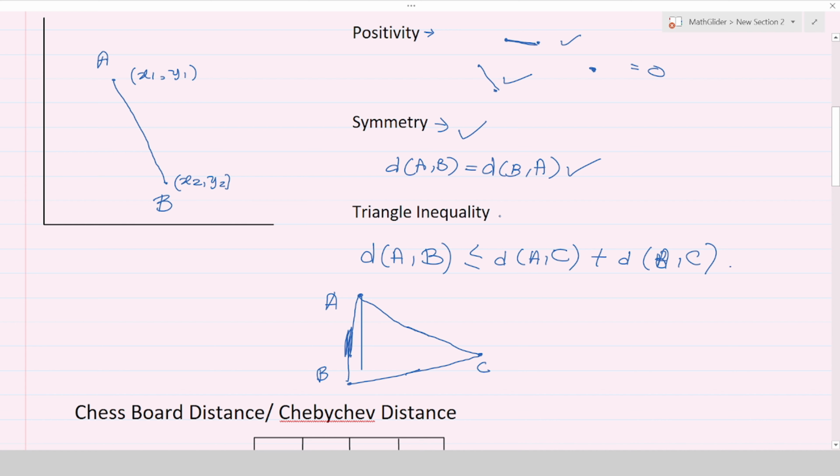So we can easily see that this Euclidean distance satisfies the triangle inequality property.